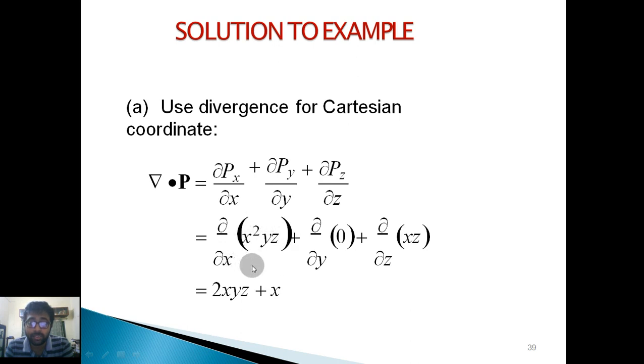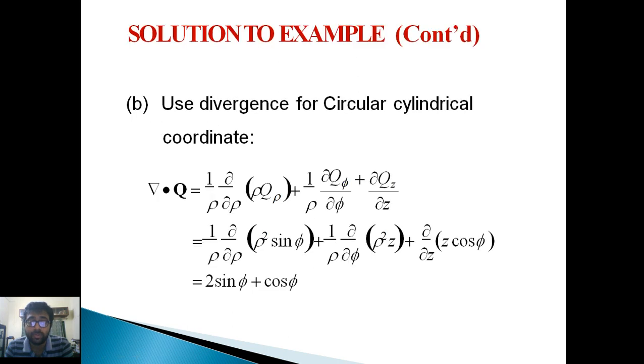Now the derivative of this will result in a partial derivative, and del by del x will operate on x square, so the value will be 2x yz. These are constant, and del by del z will operate only on z, the x will be constant here. So the resultant value will be 2x yz plus x.